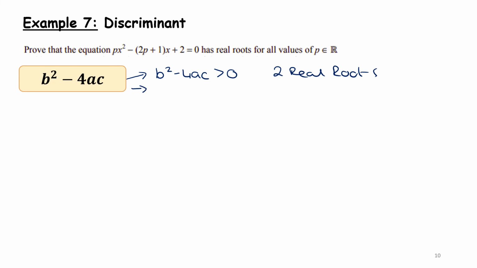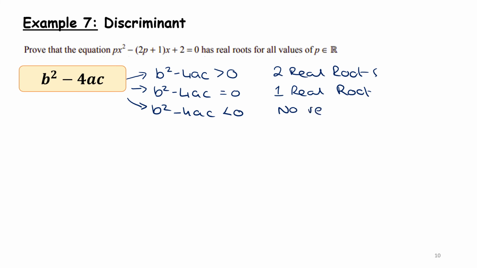If it is equal to 0, it has 1 real root. It still has 2, but it has 1 distinct real root. And if it is less than 0, there are no real roots. We will be looking at that third scenario in the imaginary and complex number section.